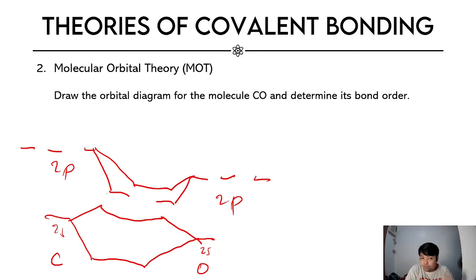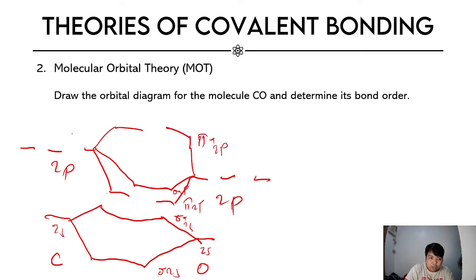Sigma 2p is higher in energy than pi 2p. So it would look like this. This is pi 2p. This is pi star 2s. This is pi 2s. Sorry, this is pi 2p. This is sigma 2p. And this is pi star 2p. And this is sigma star 2p.